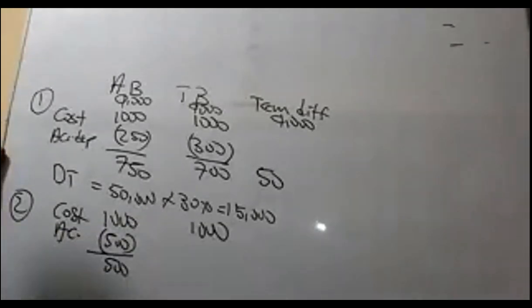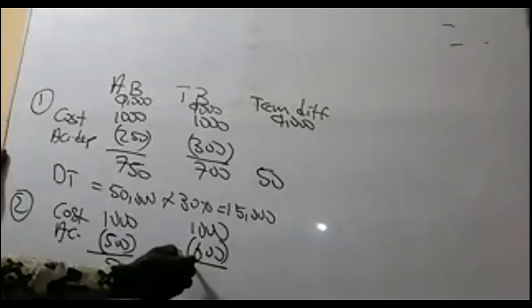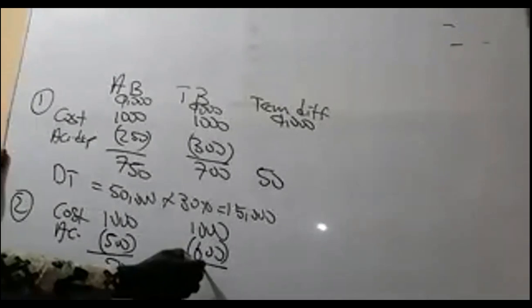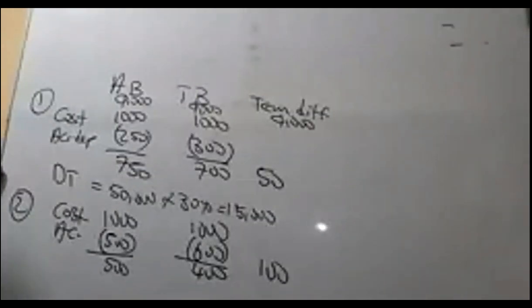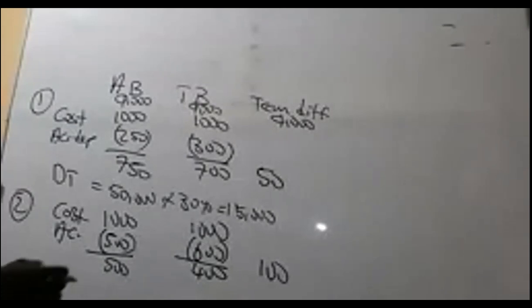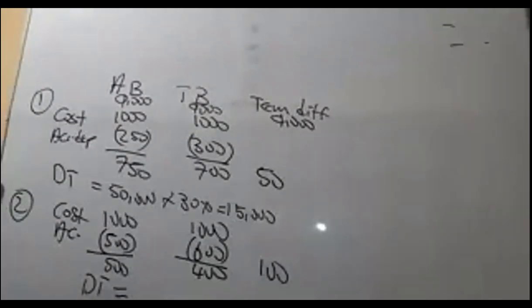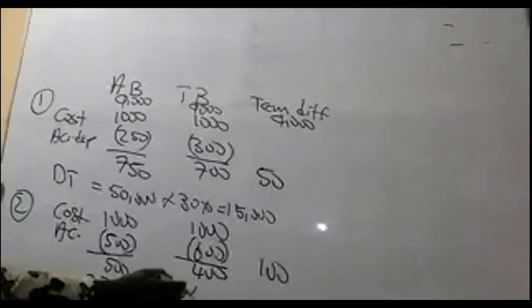So therefore, temporal difference of what? 100. So deferred tax will be 100,000 times 30%, and that will give us 30,000. Good. So that's the first 2 years.